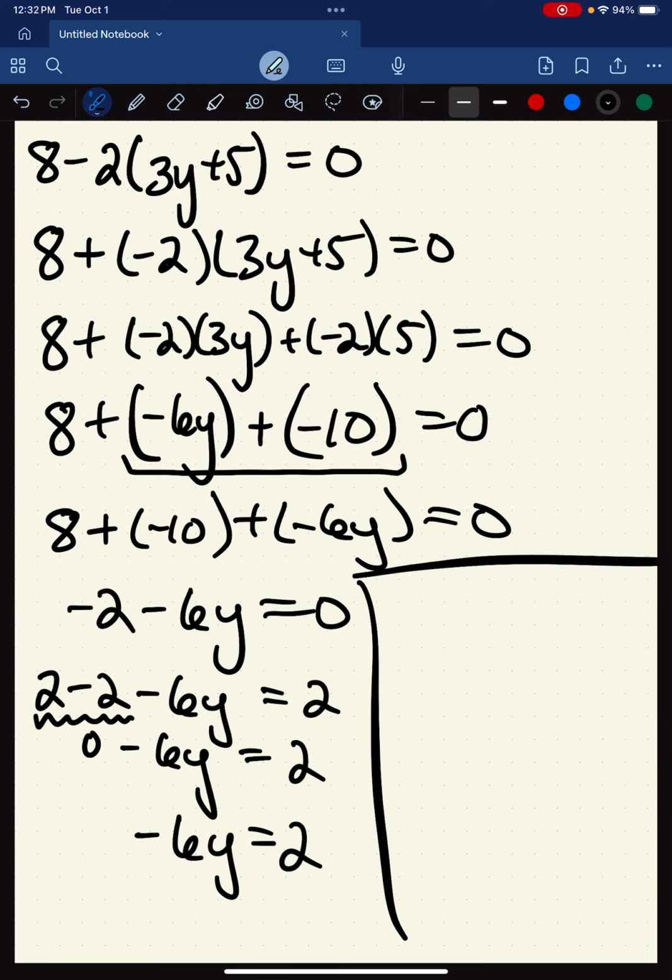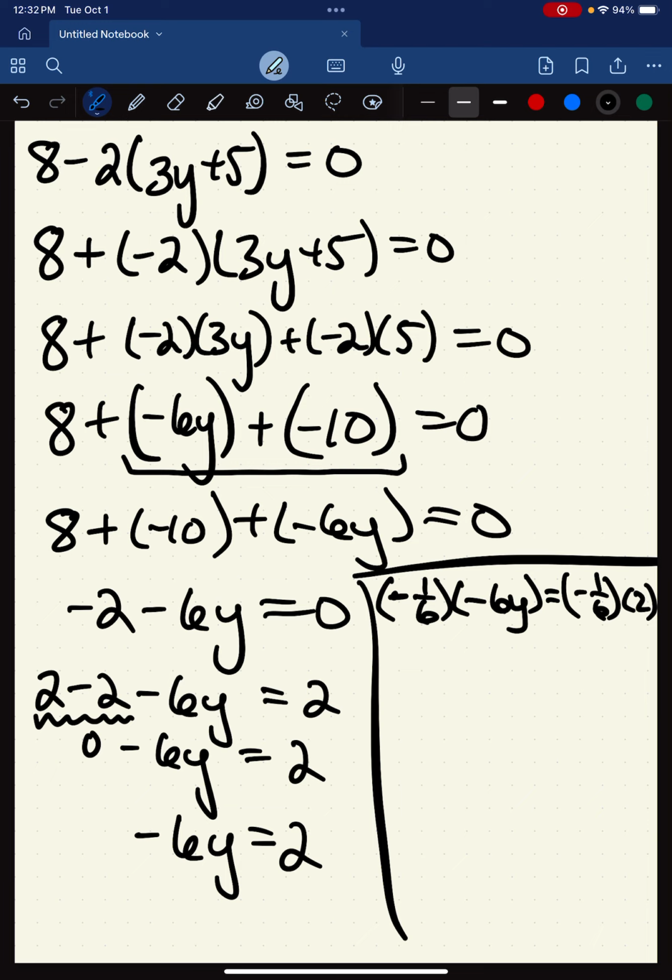Let's see if we can finish it out in this little box over here. If negative 6y is 2, we can use the multiplicative property of equality and use the inverses to multiply by negative 1/6 times negative 6. Y is negative 1/6 times 2.